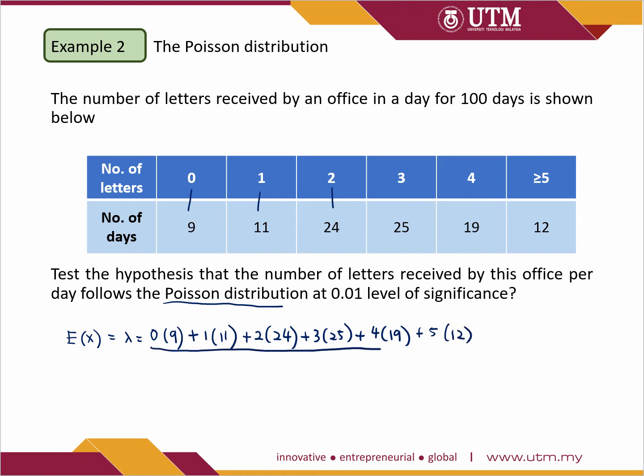Now divide by the total number of observations: 9 plus 11 plus 24 plus 25 plus 19 plus 12, which gives a total of 100. So we get a value of 2.7. This is the value of lambda, which is equal to 2.7. So now we can proceed with the hypothesis and then finding the chi-square test.